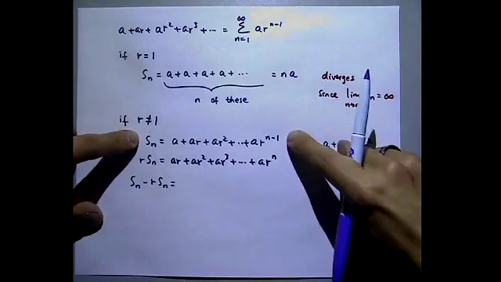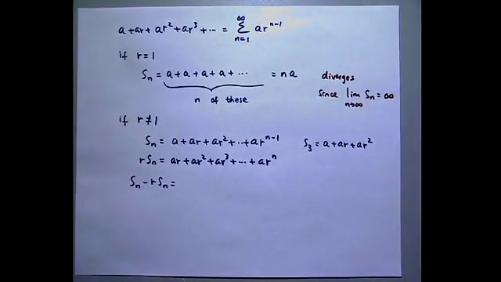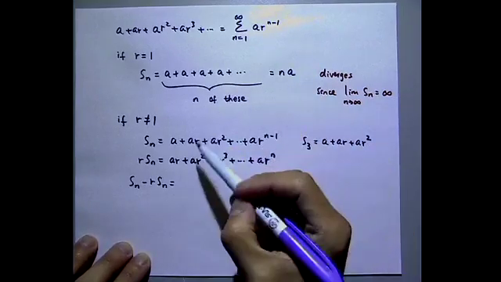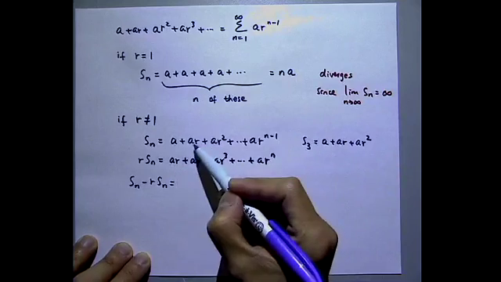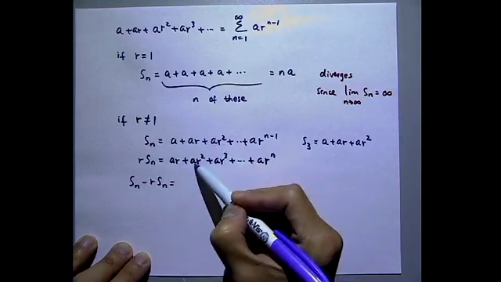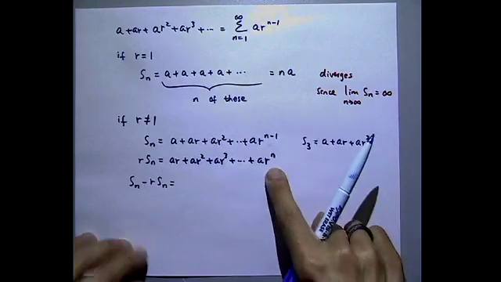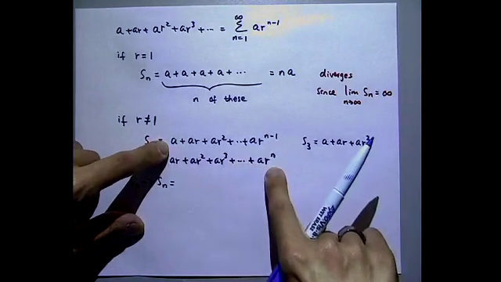So first minus the second. And when we do that, what do we get? I get A, right? The AR is canceled. That minus that, that goes away with that, that goes away with that, and this continues until this guy here. So A stays, and the last one here stays.